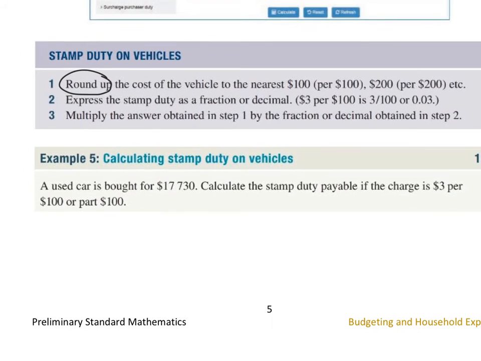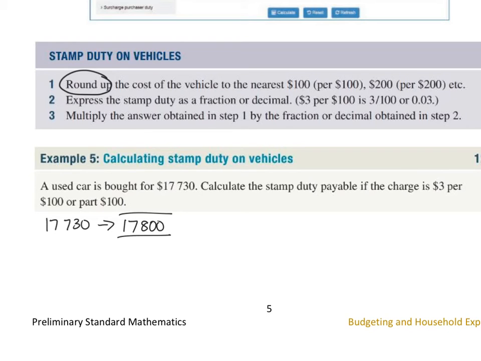So, for example, a used car is bought for $17,730. Calculate the stamp duty payable if the charge is $3 per $100 or part $100. Okay, so we always round up. So 17,730, that gets rounded up to 17,800, always up.